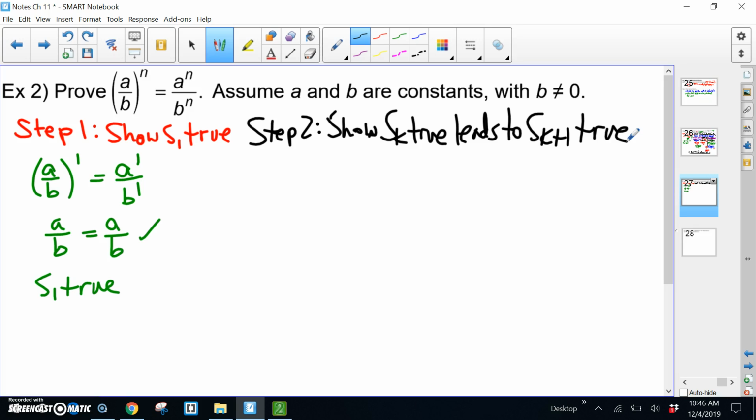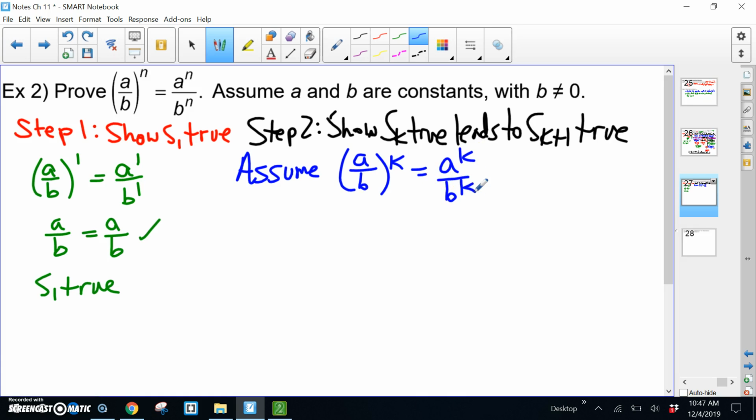So start by an assumption. And remember, that's where we're just going to change the n into a k. So k is just some number off in the distance. All right. So we're going to assume that's true. So that's just some domino off in the future is going to fall.